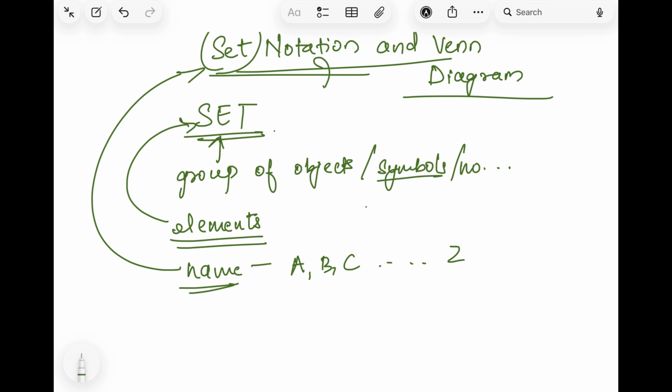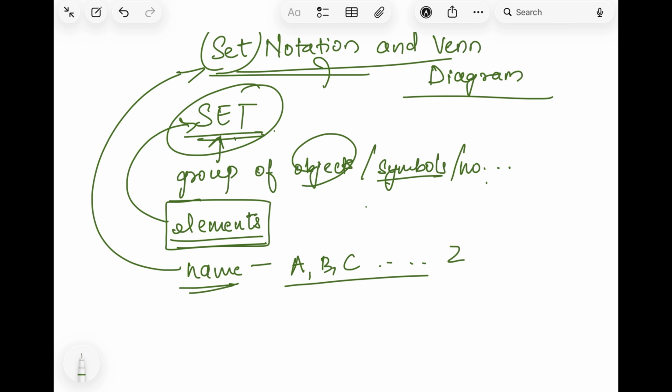So firstly, what is a set? Set is a group of objects or symbols or numbers, and whatever objects or symbols or numbers are present in this set become the elements of that set, and the set is denoted by a name that can be any letter, okay, any alphabet we can use to name a set.